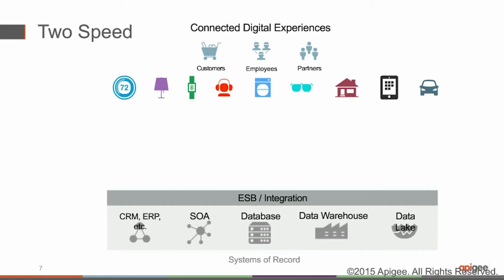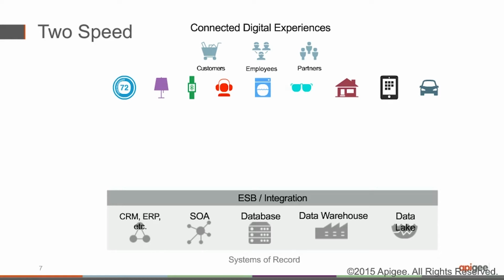Most of you who are joining are likely familiar with the idea of two-speed IT, two-speed enterprise, maybe you call it bimodal. There's a lot of different terminology out there. But basically, the world as we see it is made up of these two IT drivers.